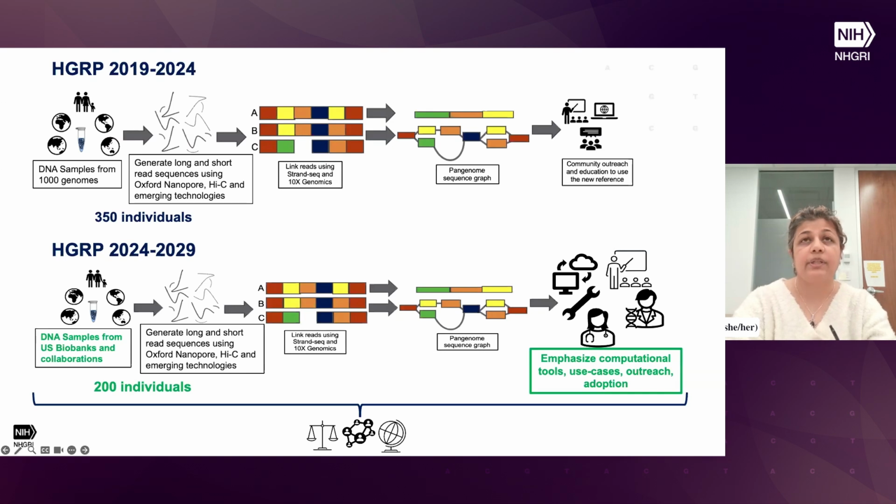High quality genome assemblies will be added. A substantial embedded ELSI is still included from the current level in phase 1. So for this next phase, we wanted to significantly expand the outreach elements, and in particular, development of computational tools to allow broad use of the Pangenome reference and facilitation of adoption by the community through direct engagement. And again, just wanted to emphasize utility of the resource, that we're not just adding additional genomes. Next slide.